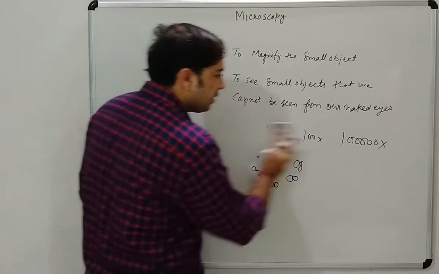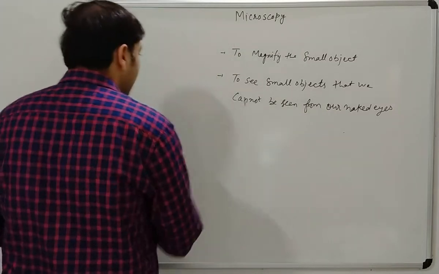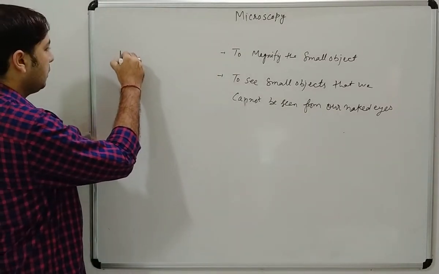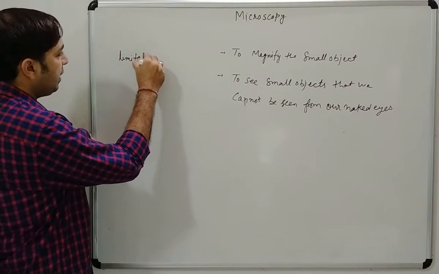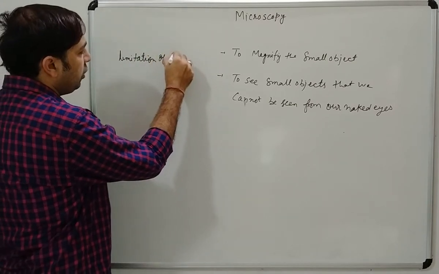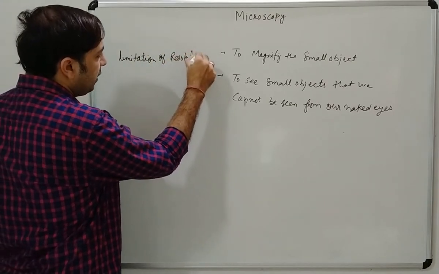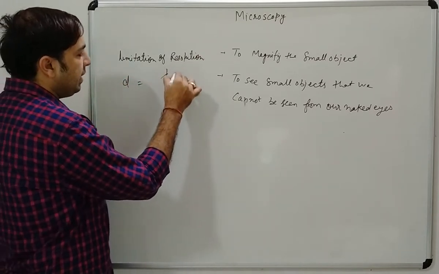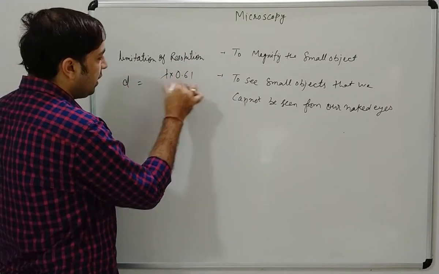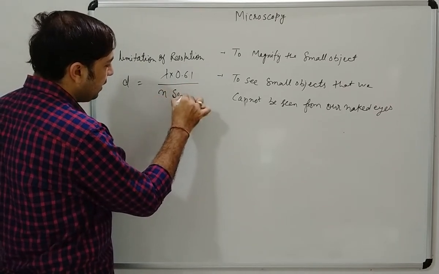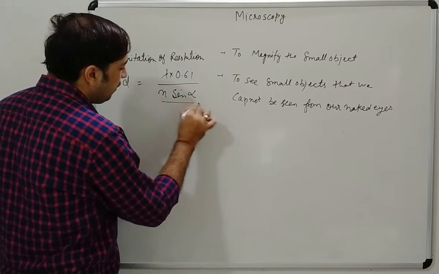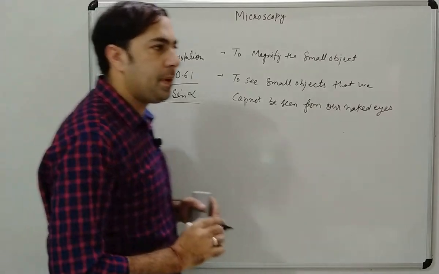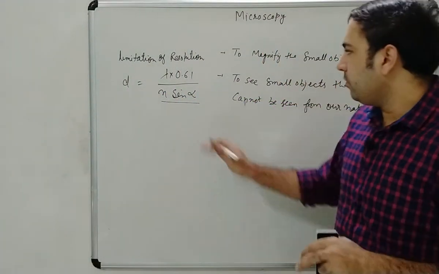Now for resolution, we have one formula. The limitation of resolution is different for different machines. We say d equals lambda, the wavelength, into 0.61 upon n sin alpha. This n sin alpha is the numerical aperture. We will see that.